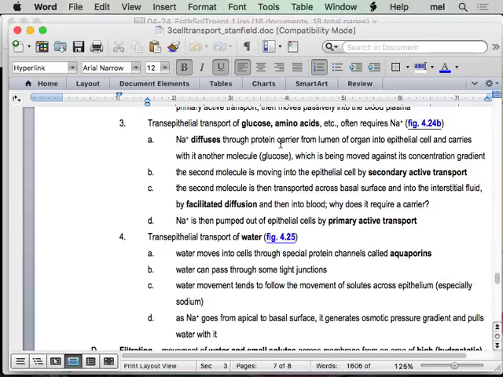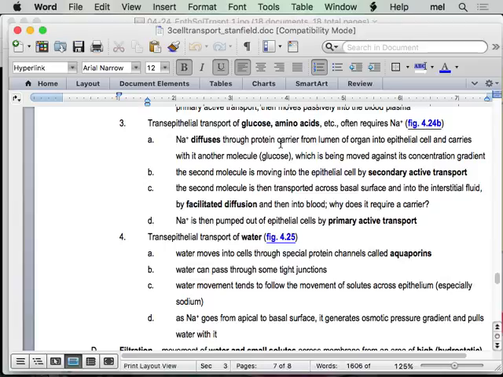I also have carriers that have binding sites for sodium and amino acids, each one of the amino acids, and move them. It's the cheapest way I can get them in. Obviously you want as much of those incredibly valuable nutrients absorbed as you can, and you don't want to have to pay to get them in every single time, right? So you're going to use secondary active transport.